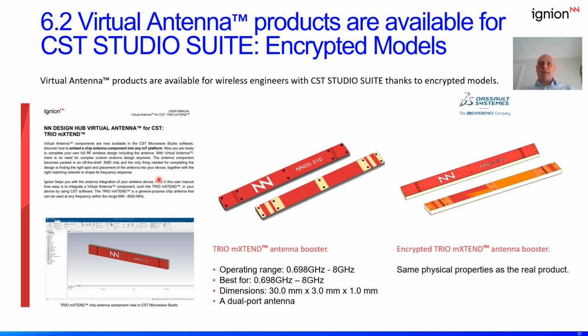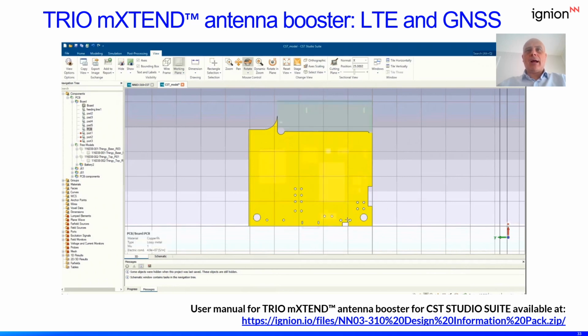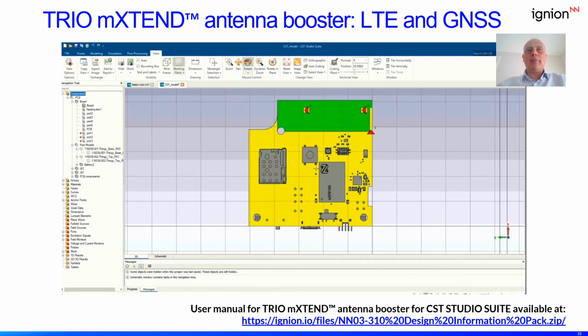So there is plenty of data, user manuals on how you can import these Encrypt models into your CST models. In this example, we illustrate how we can import an Encrypt model, which is the Trio, into a real IoT platform, including many components.